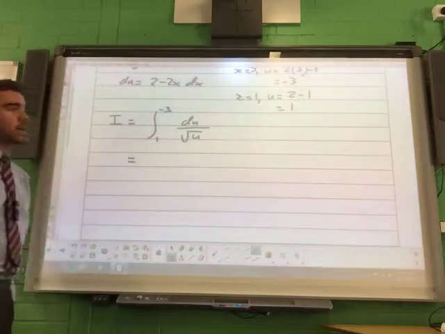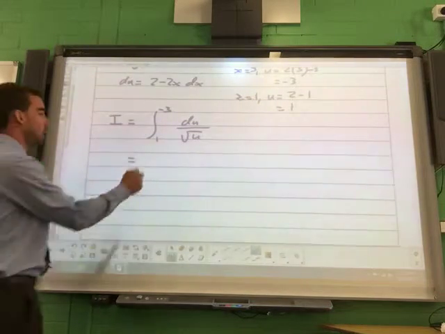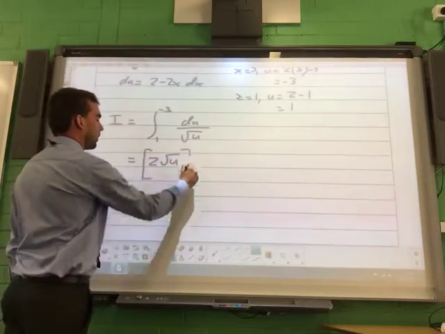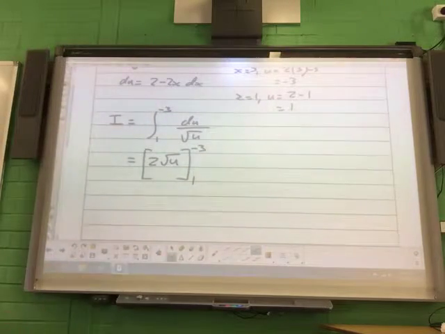So it's going to be u to the negative half. If you use your index laws there, it'll be 2 root u from -3 to 1. Ooh, we have a problem.